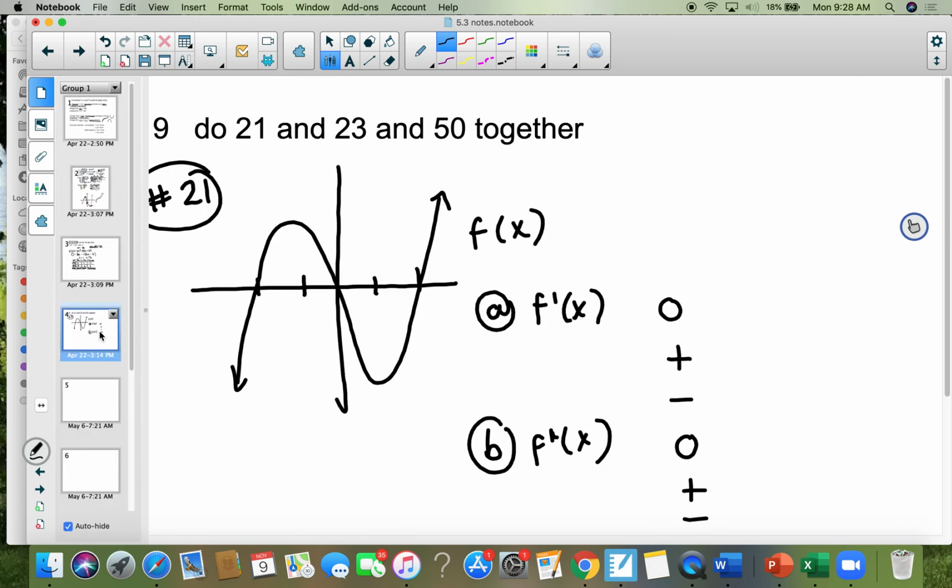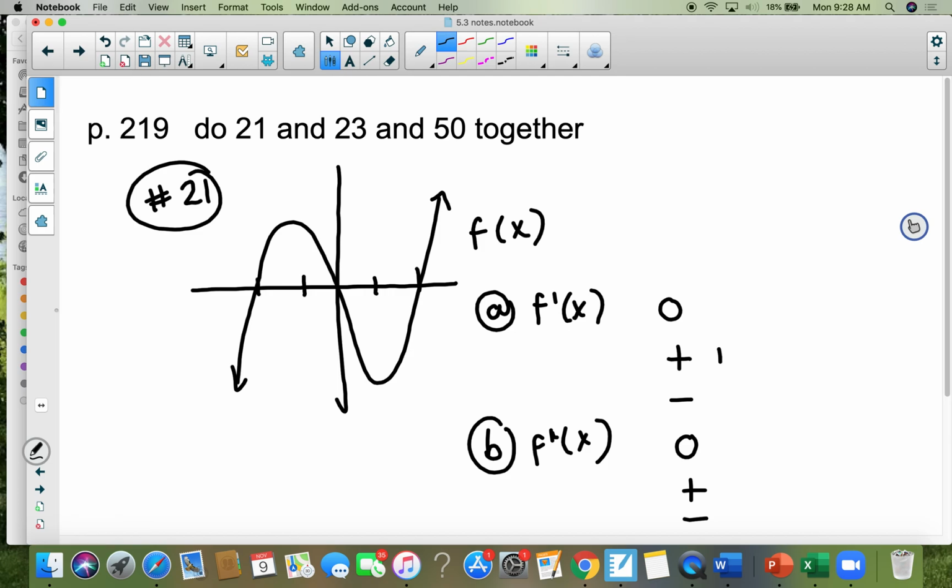So if the first derivative is positive, it's where the original graph is increasing. So it's increasing from negative infinity to negative 1, union with, it's also increasing from 1 to infinity. It's decreasing from negative 1 to positive 1.